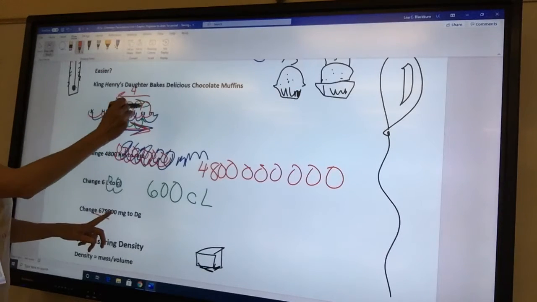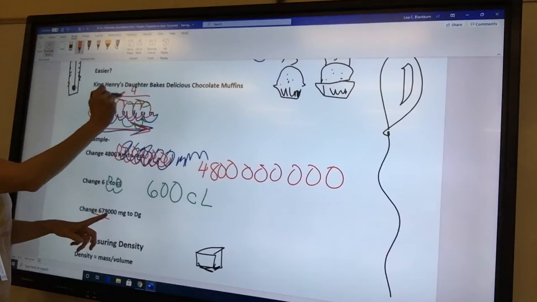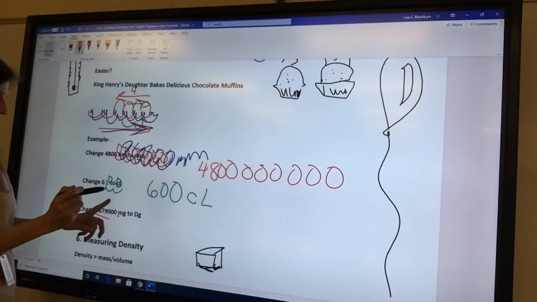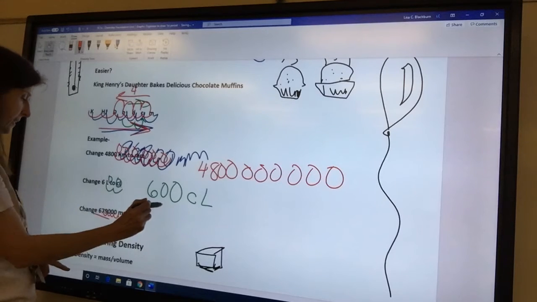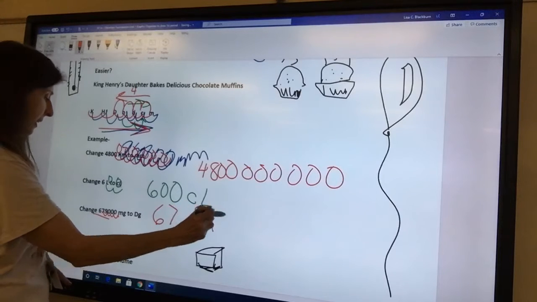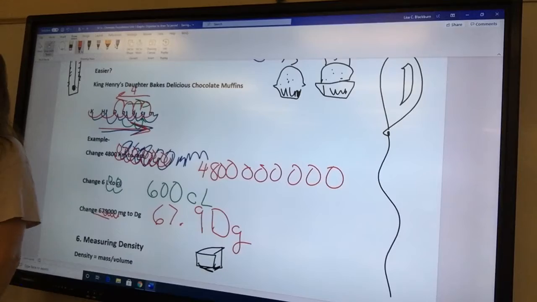We're going from milli to deca. That's 4 frog hops this way. So we're going to take our decimal point and go 4 places this way. 1, 2, 3, 4. It's 67.9 decagrams. Did you get it?